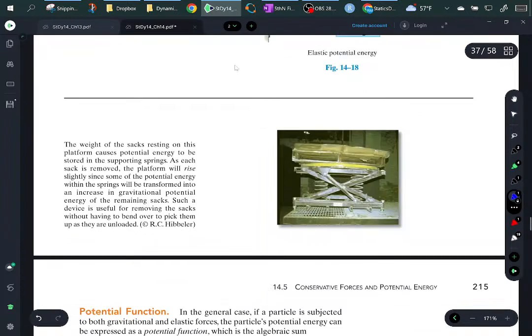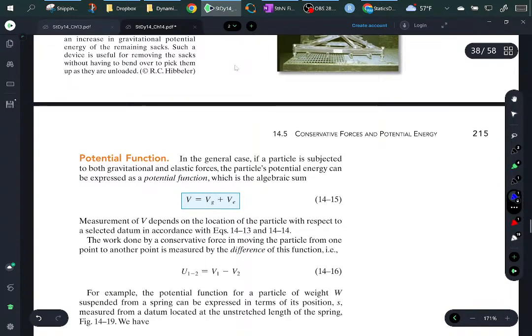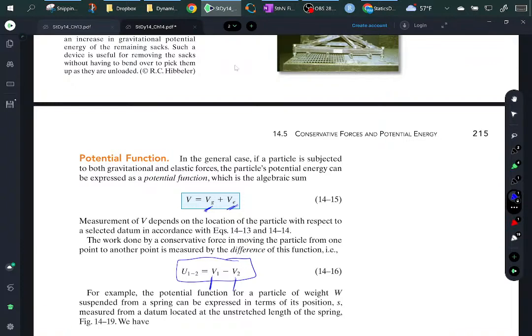And then he says, okay, you have a couple of potential energies. I'll list them this way. This and this. And then I'll say U from 1 to 2 is the state at 1 minus the state at 2, if it's conservative.